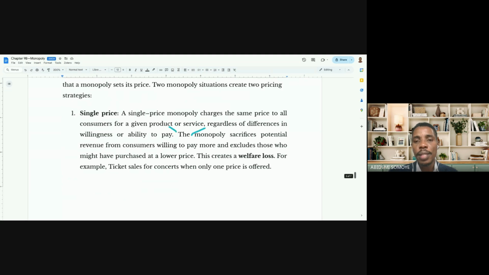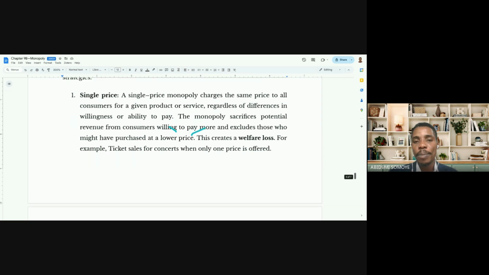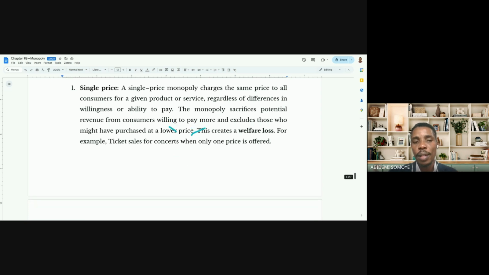Then the monopoly sacrifices potential revenue from consumers willing to pay more and excludes those who might have purchased at a lower price. This creates a welfare loss. For example, ticket sales for concerts when only one price is offered. So a single price monopoly charges the same price to all consumers for a given product.